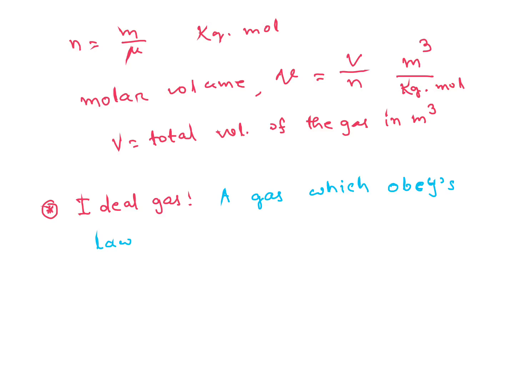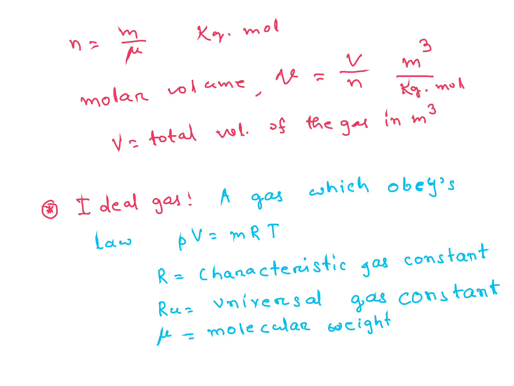Next is our ideal gas, a gas which obeys the law PV equal to mRT. From here, R is the characteristic gas constant, Ru equal to universal gas constant, mu equal to molecular weight.